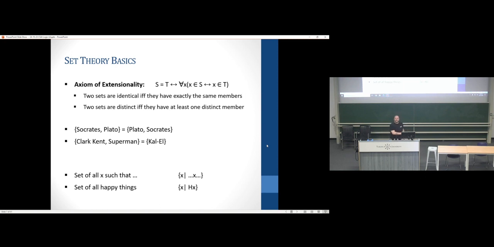And we can do some more notation, right? We can say the set of all things X such that, so this is just to say the thing X is that, and then we put some FOL sentence in here. So X is an F, or is an F or a G, et cetera. So for example, we can say the set of all happy things, we can list this way.